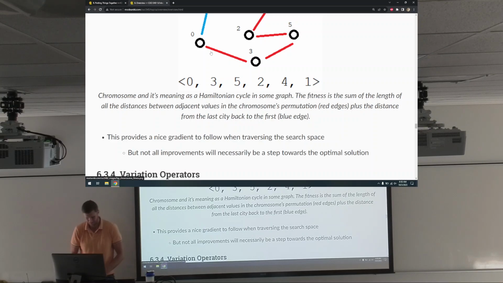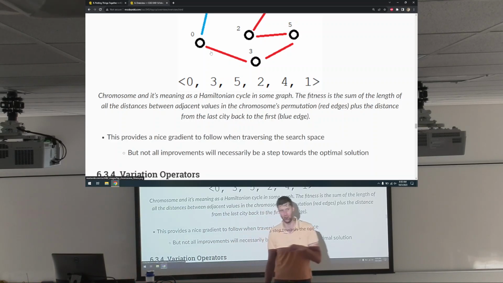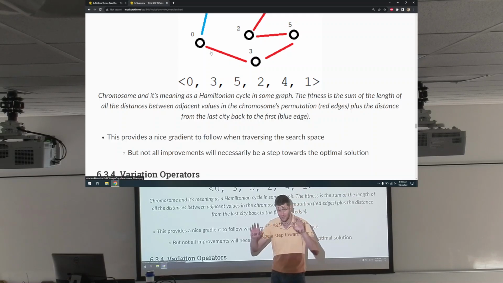Now, I'm using the word gradient here. And what I mean by this, raise your hand if you've heard this word before in the context of machine learning. Okay, I'm going to explain this.